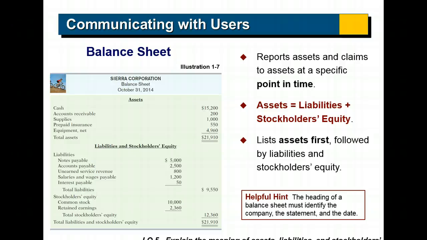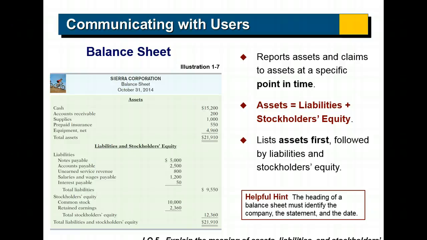The balance sheet shows all of our assets up at the top here. You see our assets? Total assets of $21,910. And then it shows all the liabilities we have plus our equity, stockholders' equity. And the liabilities and stockholders' equity equal $21,910.